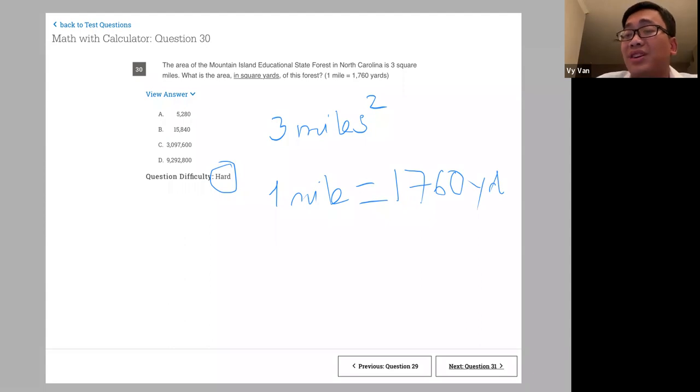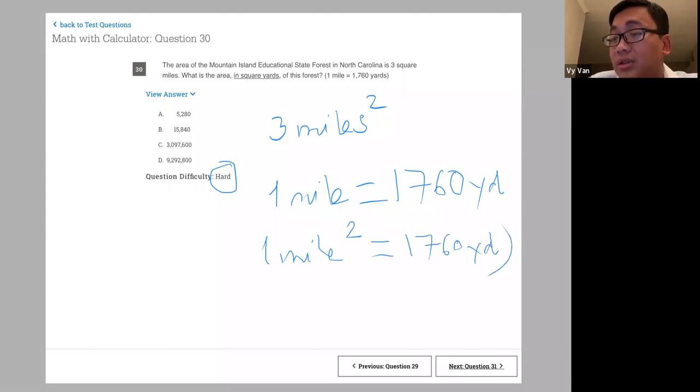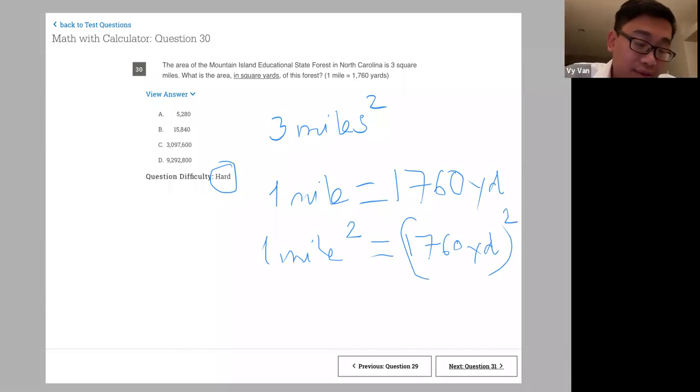So the first thing you do is convert 1 square mile, not 1 mile. And how do you do this? You have to square this side, and square this side. It's actually equal to this squared.